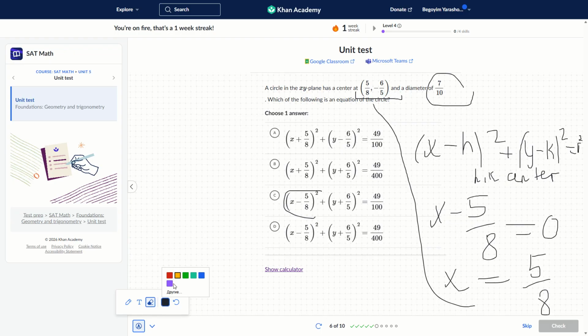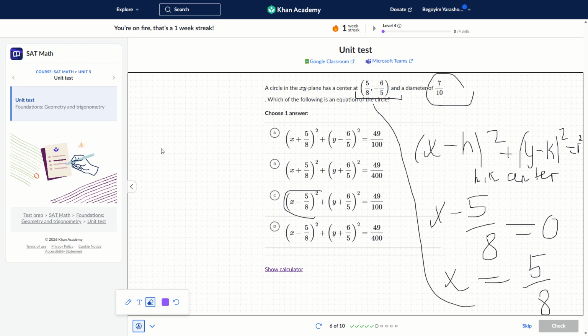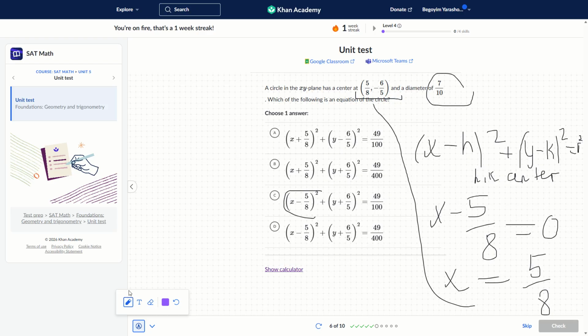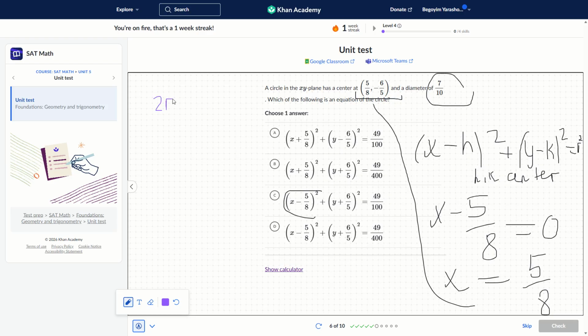From the property of the radius, we know that two radii equal the diameter. 2 radius equals 7 over 10. From here we can find the radius, which would be 7 over 20.